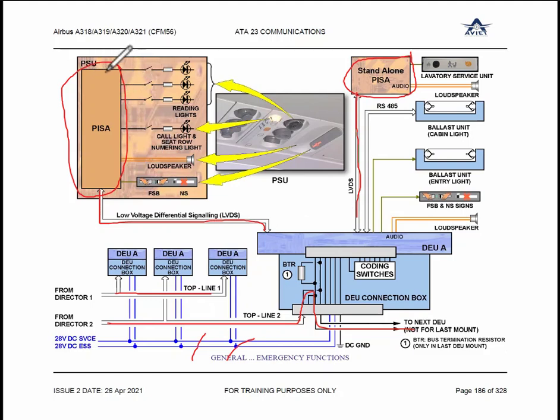And this is the electronic card inside the ESU. I hope this is clear, guys. So between the PISA and the DEUA, the communication is done through low voltage differential signaling. Correct. It's a 2-wire digital bus, so they are calling it a low voltage differential bus.